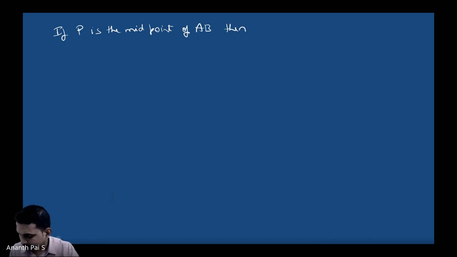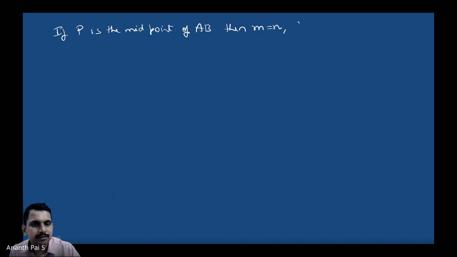Now this is applicable whether it is in any coordinates, so don't have to worry about it. Next one is, if P is the midpoint of AB, then m is equal to n.